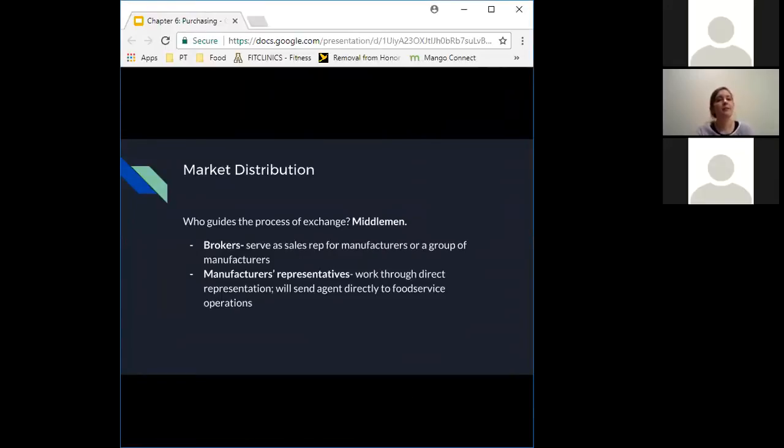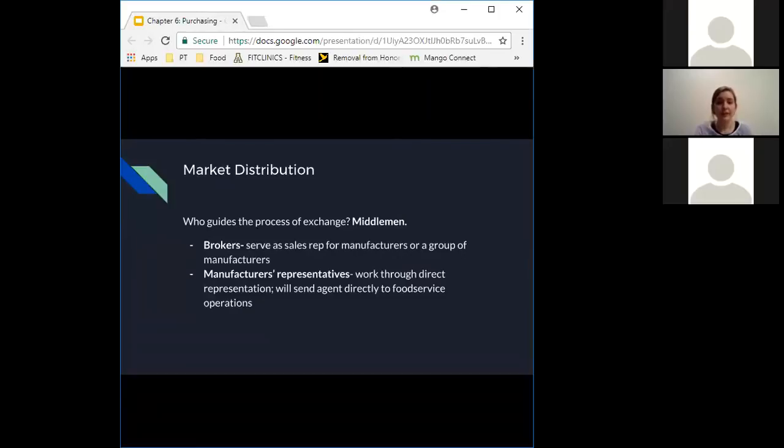So who guides the process of exchange? Middlemen, or intermediaries. They act as a channel between the manufacturers, distributors, and consumers. The 2 most common middlemen who influence the food service segment are brokers and manufacturers' representatives. A broker or a brokerage firm serves as a sales rep for a manufacturer or a group of manufacturers.